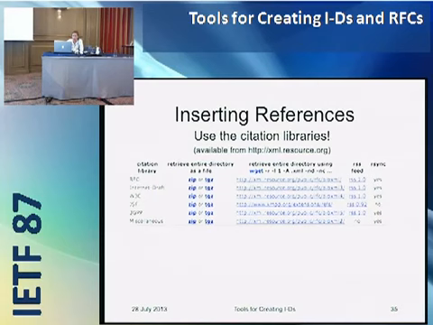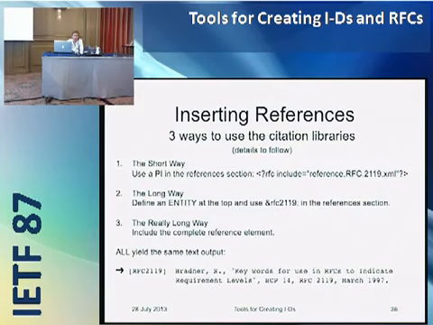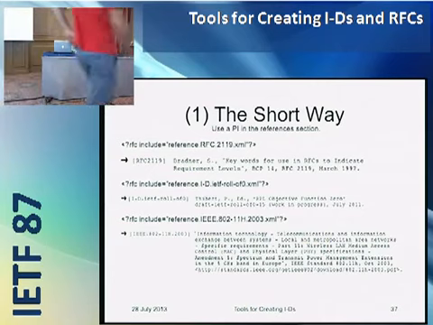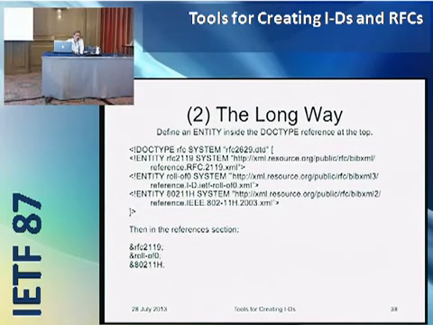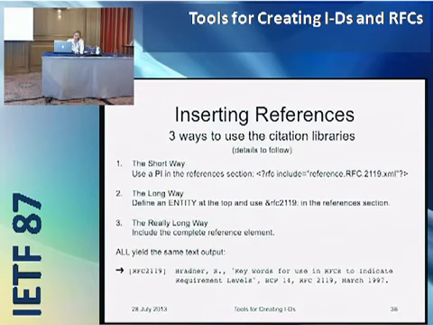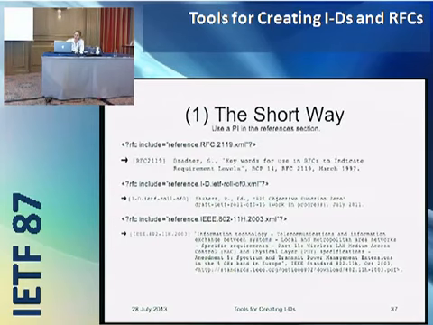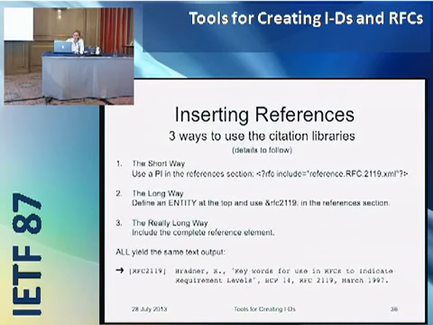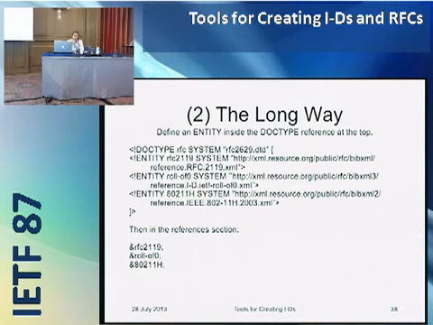There's no real need to do that unless you're wanting to do a lot of things offline, because it'll just pull it from where it lives. And when you're using the short way, these processing instructions are going to the same location, the xml.resource.org directory. They're not doing anything significantly different from this option.